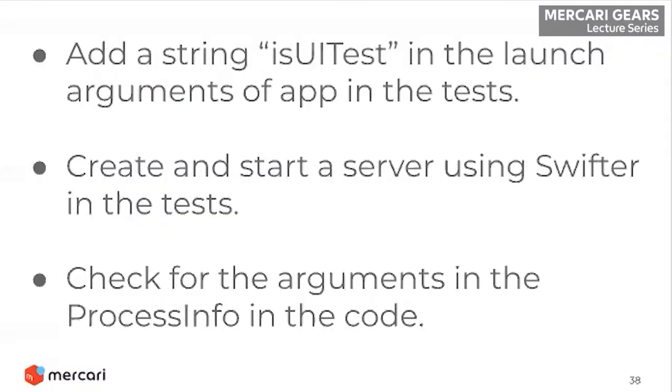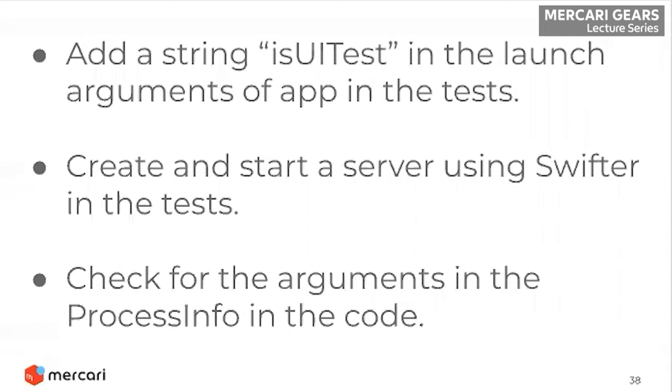There are a few steps to understand. First, you should add a string, it's not mandatory to use "is UI test", any kind of string, in the launch arguments of the app when you are running the tests. In the launch arguments in the tests file, you can add this string.